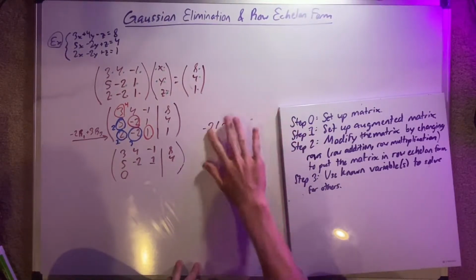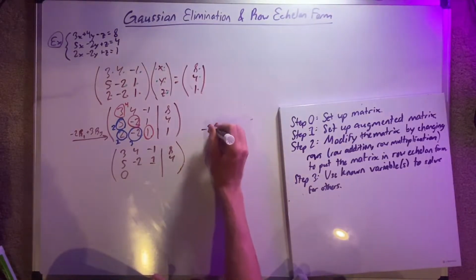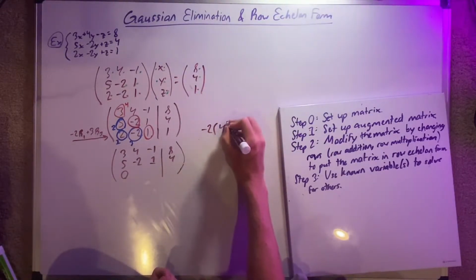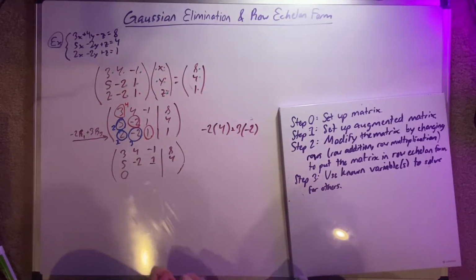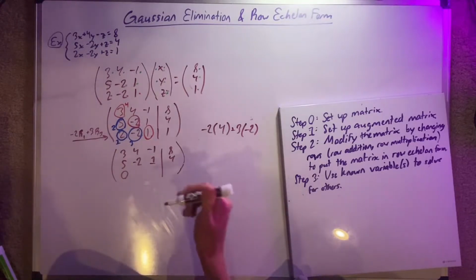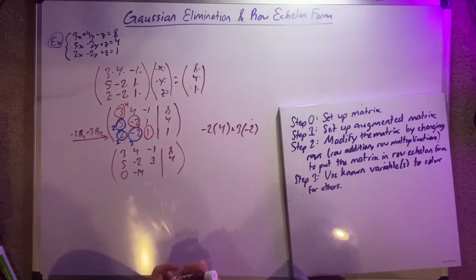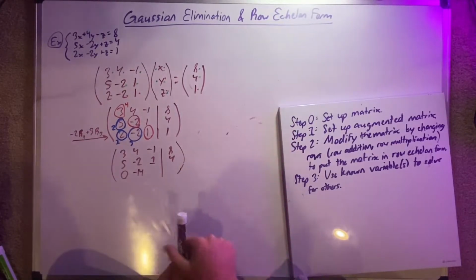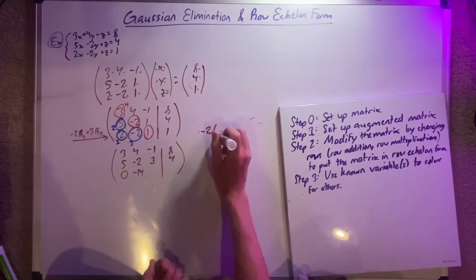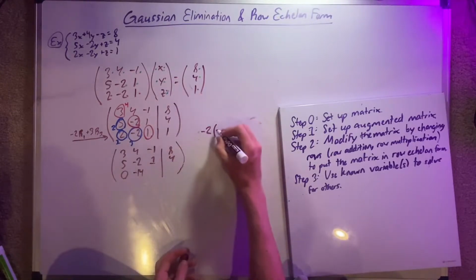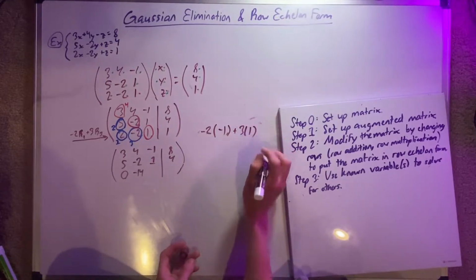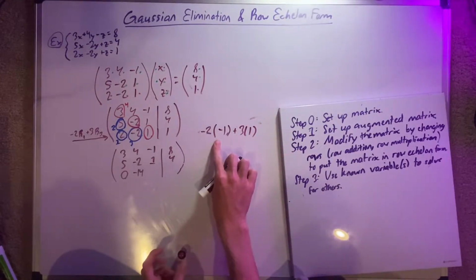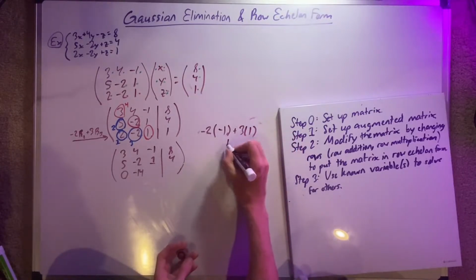So now we'll do the same thing for all the other ones. -2 times the next column over, which is 4, plus 3 times the next column over, which is -2. So that would be -8 plus -6, which is -14. We can erase this now. And then we go -2 times this third column, -1, plus 3 times 1. -2 times 1 is -2, plus 3 is 1.